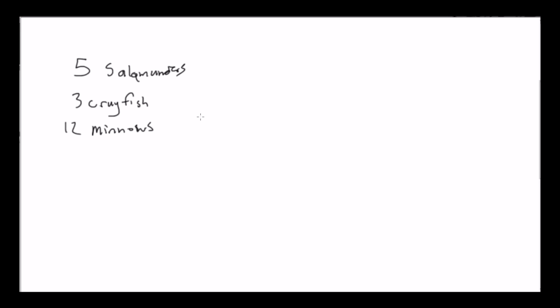So we're going to add 5 plus 3 plus 12. 5 plus 3 is 8, plus 12 is 20 possible things. 20 total. So we're going to call that possible outcomes, and we're going to say that's equal to 20.